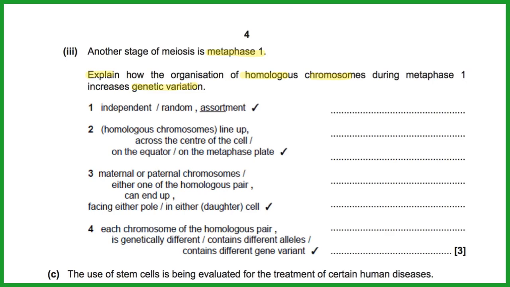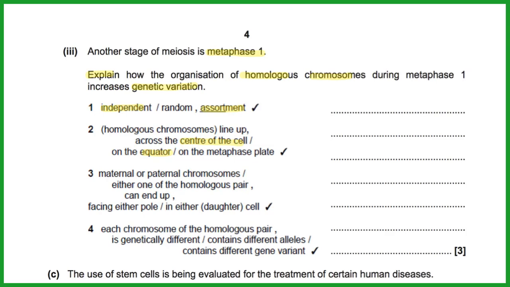So the mark scheme is looking for you to say specifically independent or random assortment of the homologous chromosomes, which is the name for the arrangement, and then to say what that is, that they line up on the centre of the cell on the equator, and that they line up with maternal or paternal chromosomes and one in each pole, so that one facing either pole, so one goes into each of the 2 daughter cells.